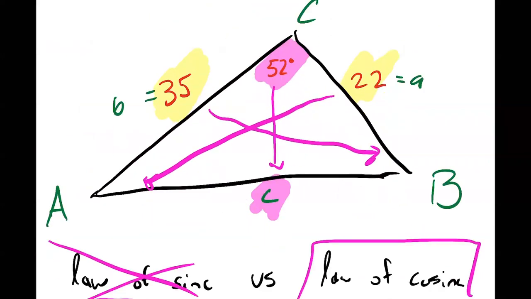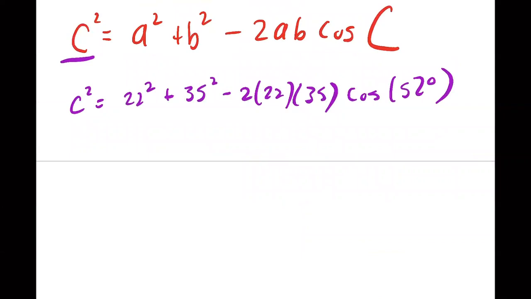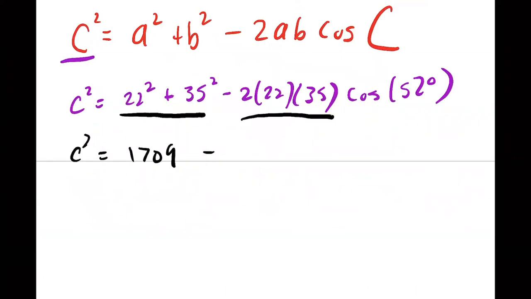It's 52, right? Yeah, okay. And so we'll simplify this piece of information here and also this piece here. So c squared is going to be equal to 1709 minus 770 times cosine of 52 degrees.